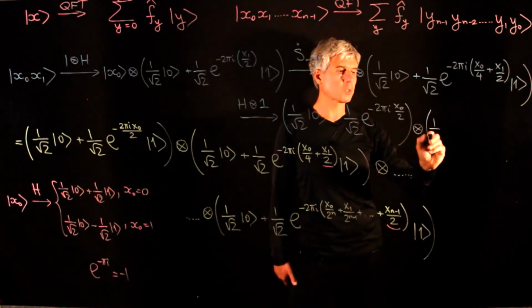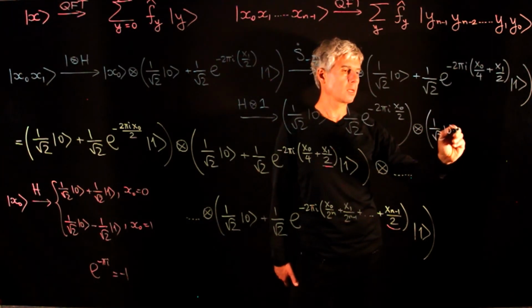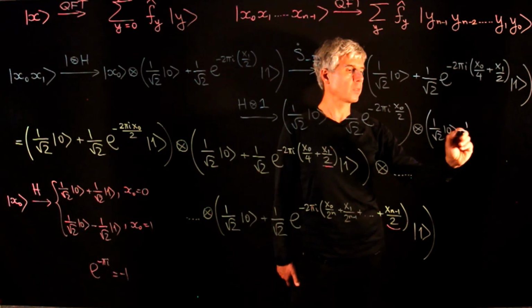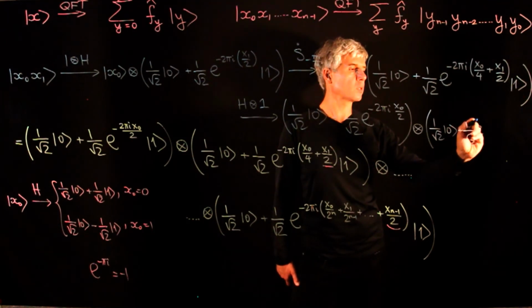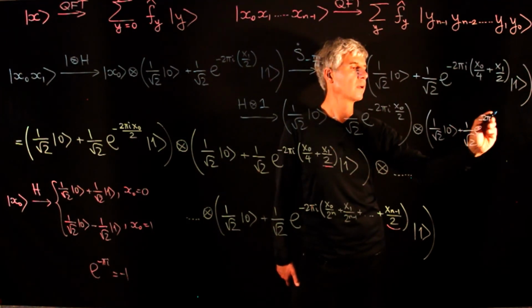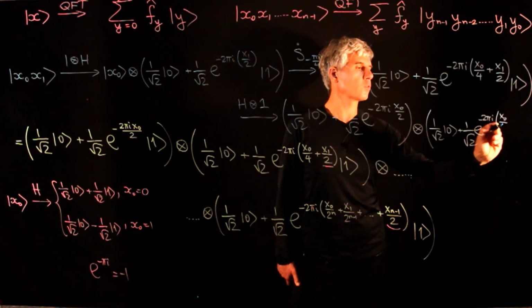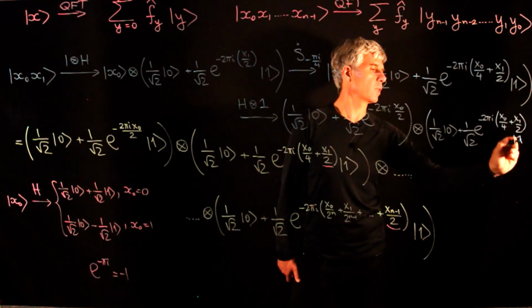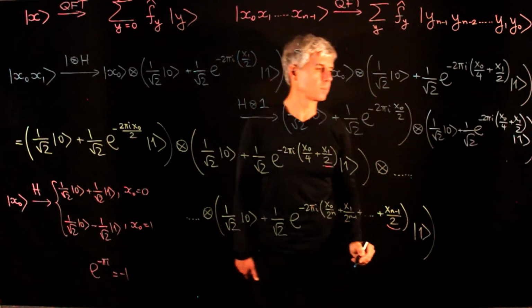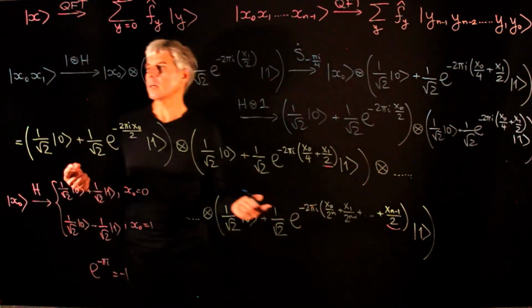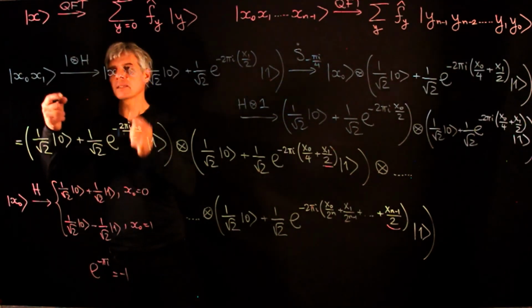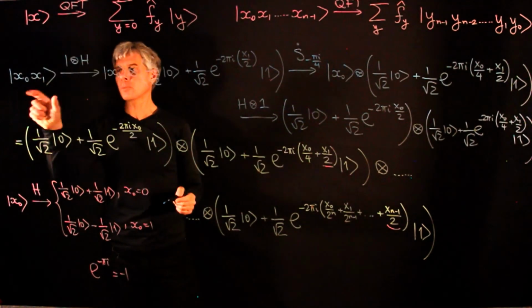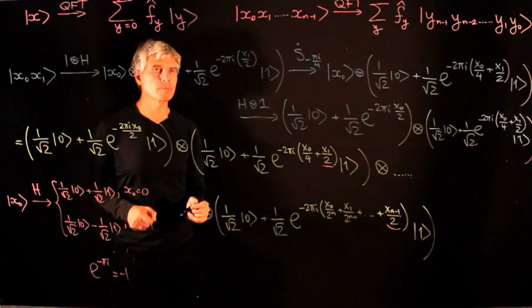So 1 over square root of 2, 0 plus 1 over square root of 2 e to the minus 2 pi i (x0 over 4 plus x1 over 2) times 1. In this way, we obtain the quantum Fourier transform for 2-qubit expressions.